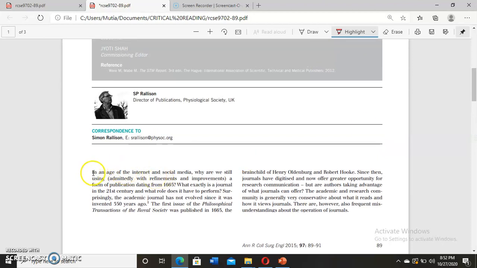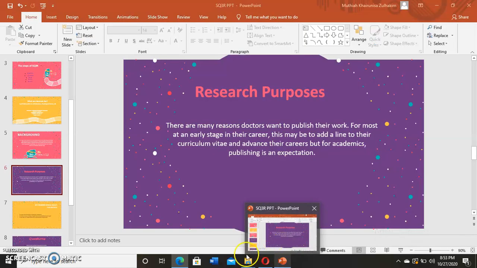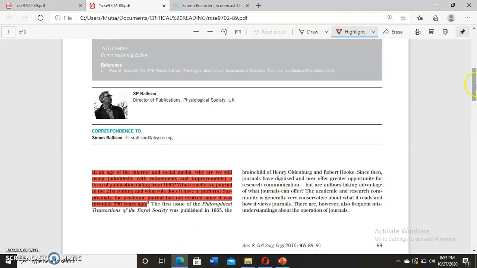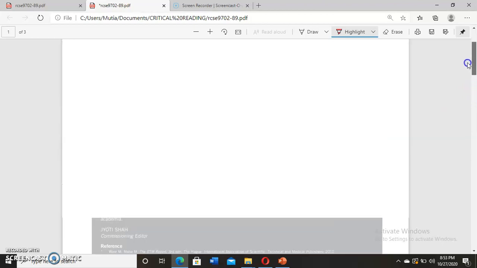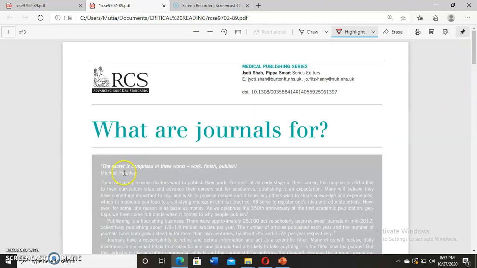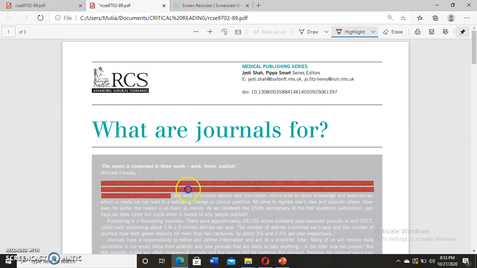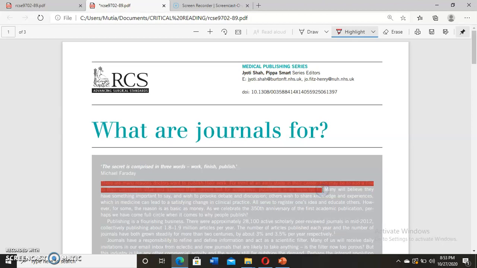I want to block this sentence. Okay, this is the background. And this is the research purpose. There are many doctors, and so on, until expansion, as I read just now.